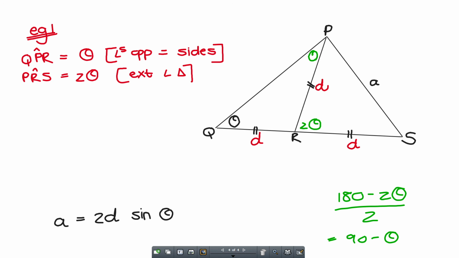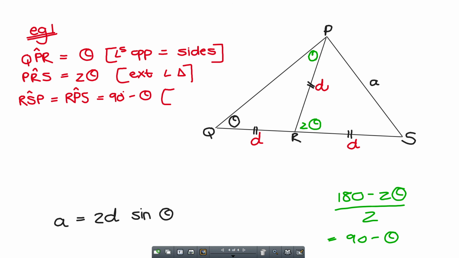Okay, so let's say angle R P S is gelyk aan RPS, and they both equal to 90 minus theta. En dit is hoeke van 'n gelykbenige driehoek mos nou eintlik, né?